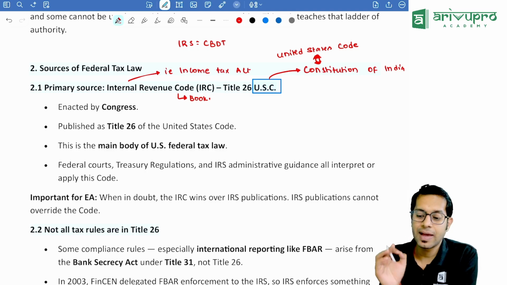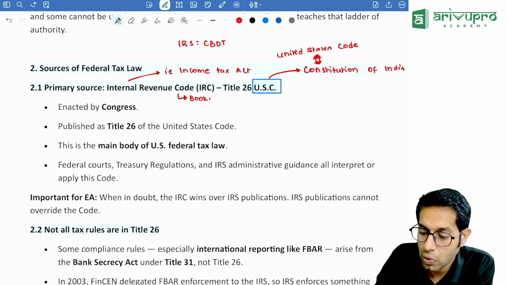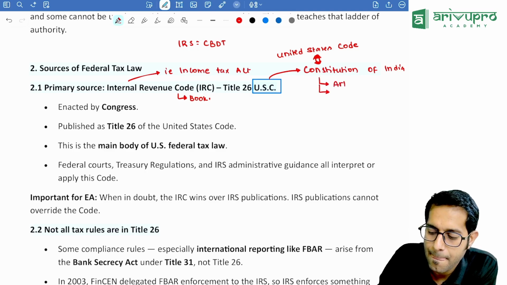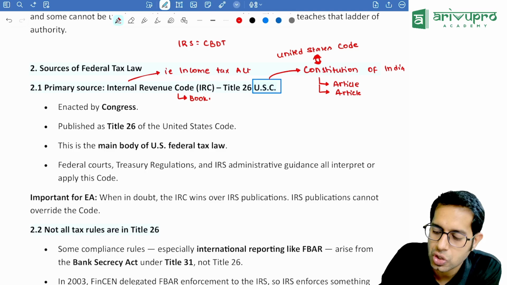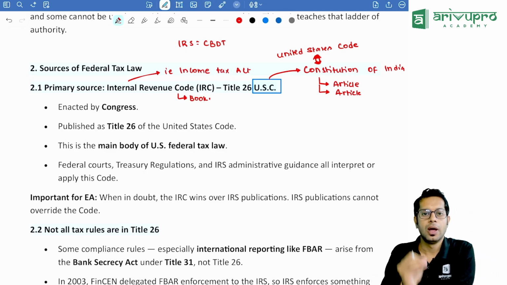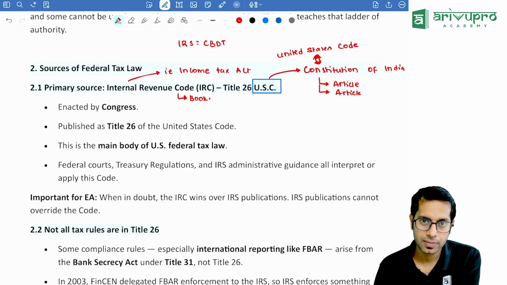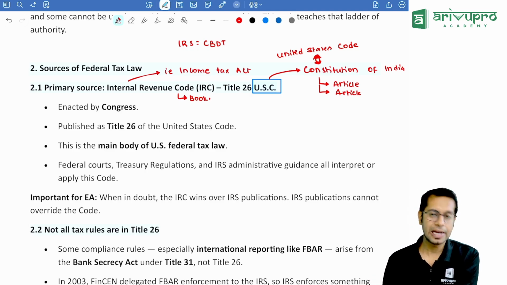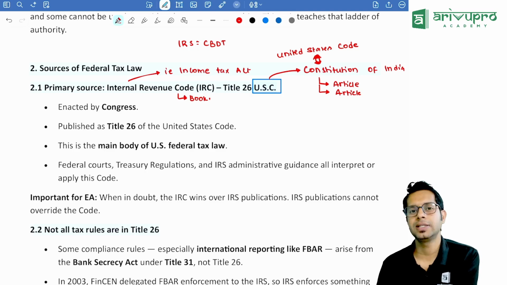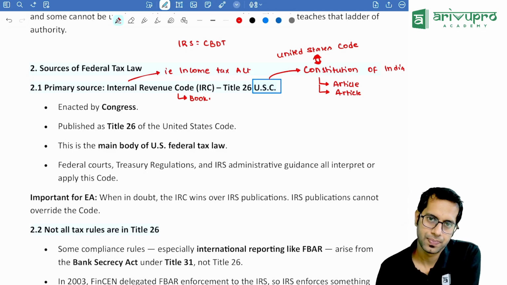Just like we have the Constitution of India, we have different articles, which talk about the rights which we have: right to privacy, right to free trade. Where is that? It is there in the Constitution.